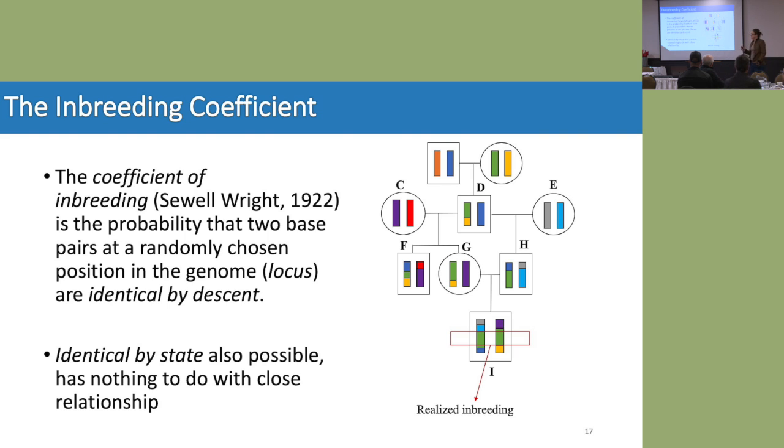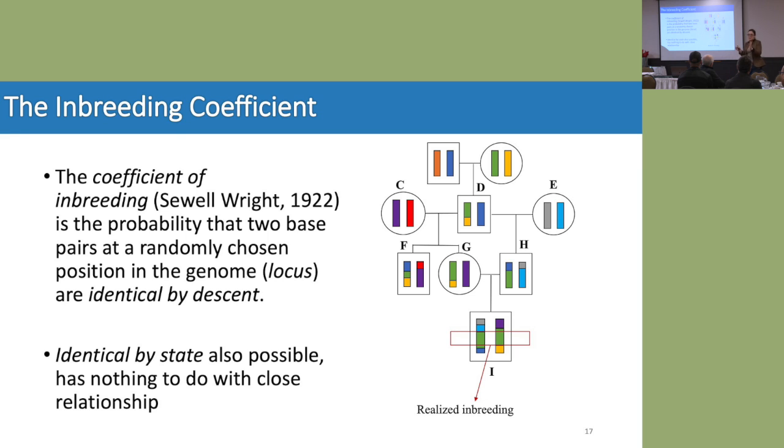He came up with this term called the coefficient of inbreeding, and that's the probability that if I were to take one of your hairs, flatten out your DNA and look at some random spot in there, the letter on your mother's DNA strand and your father's DNA strand is identical by descent. That is your inbreeding coefficient.